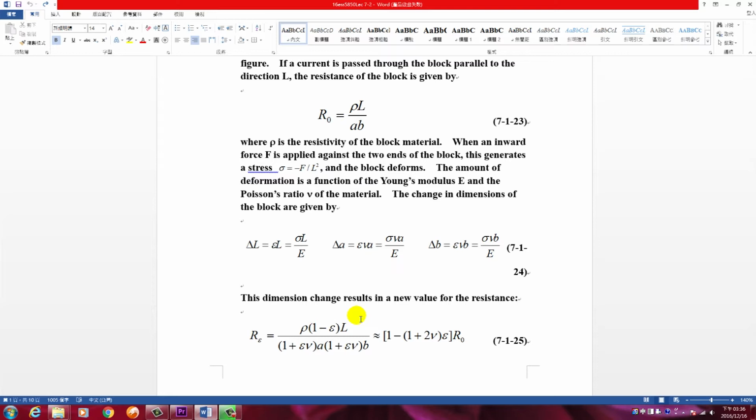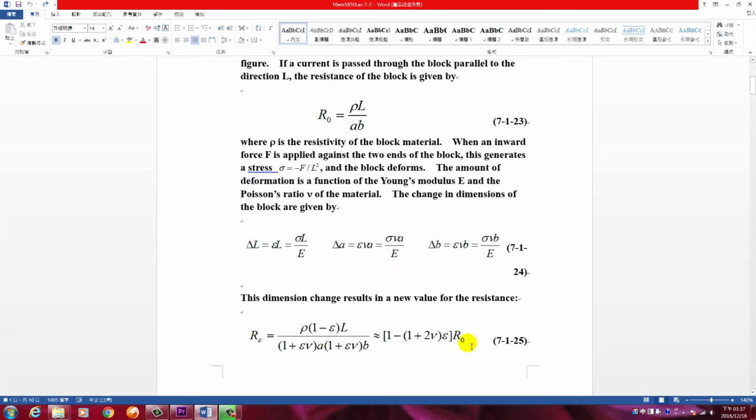On the bottom it becomes wider or taller. The A times epsilon times mu, because the Poisson ratio indicates the increase of the width is not the same as the length. It has some reduction by times the Poisson ratio, epsilon times mu.